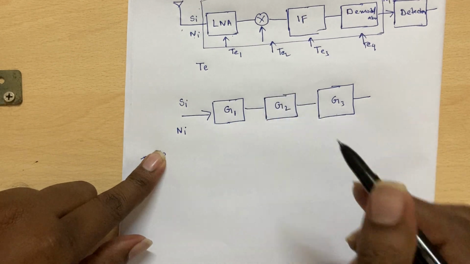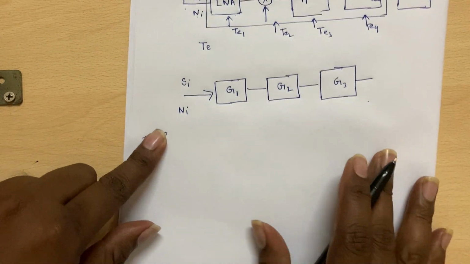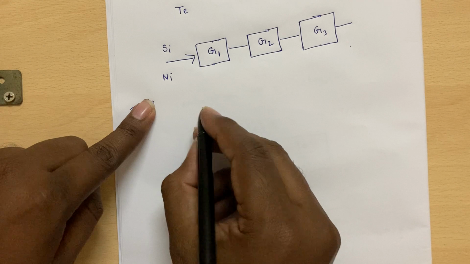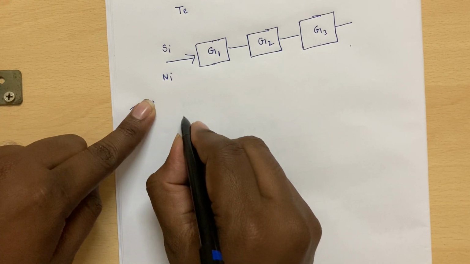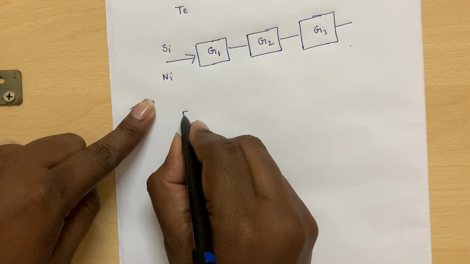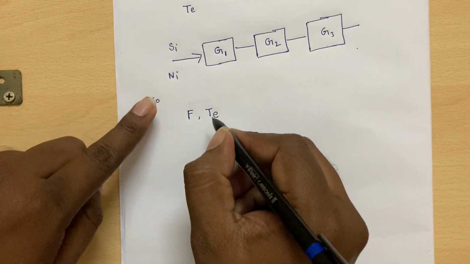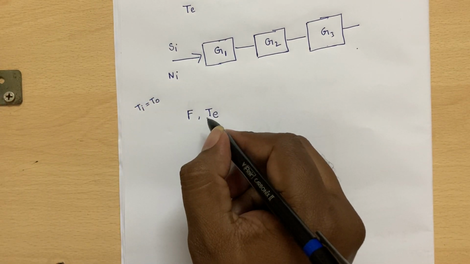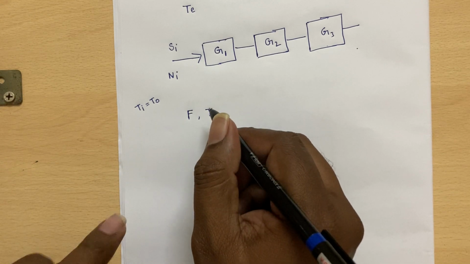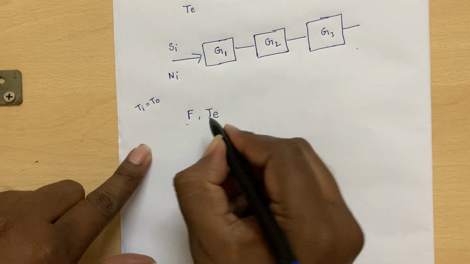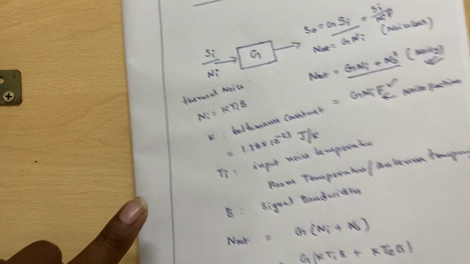Okay, so just before this, 2 steps we will do. We will find the relationship between the noise factor and noise temperature, because both are representing the same thing, that is, how much additional noise is produced by the noisy block. Both are representing the same thing, the output noise power only.